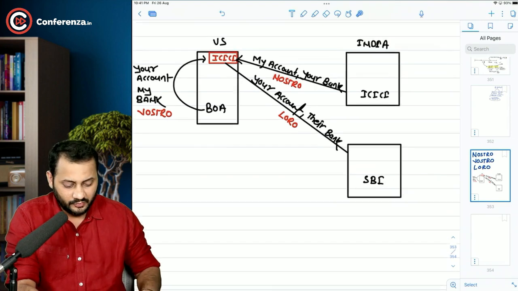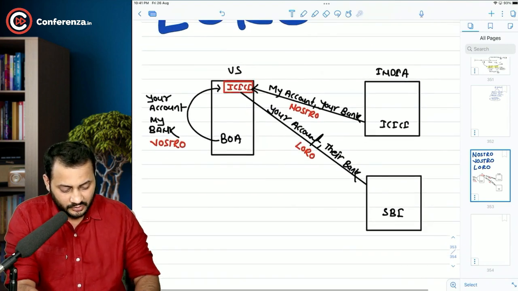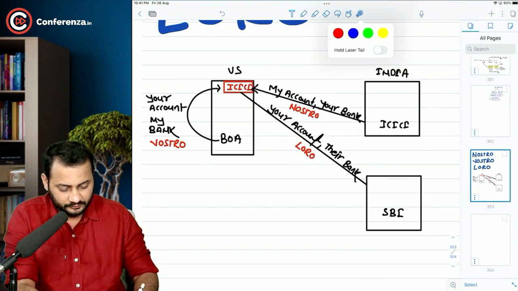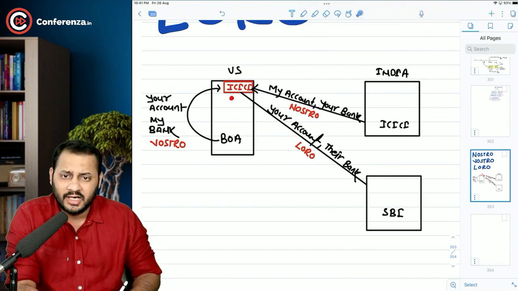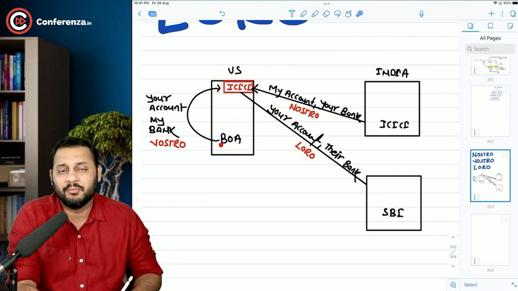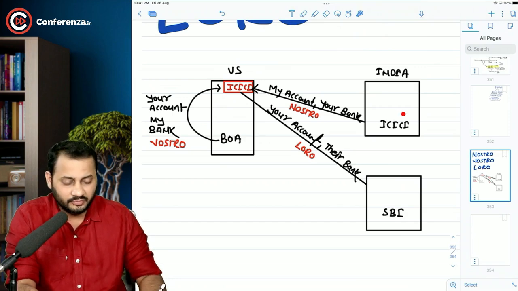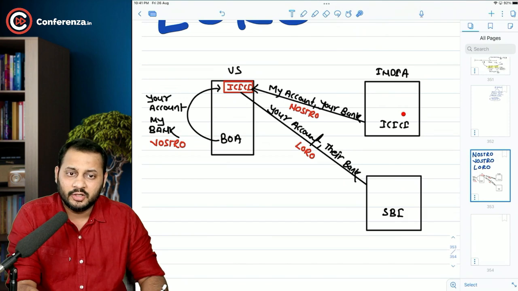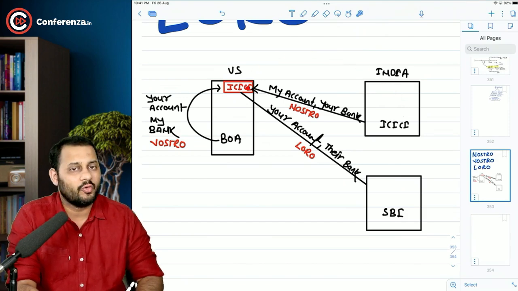Okay. Now understand that this ICICI bank account is there in the Bank of America. This is the Bank of America, and Bank of America has an account of ICICI. So if you are ICICI bank, you will say this is my account in your bank.